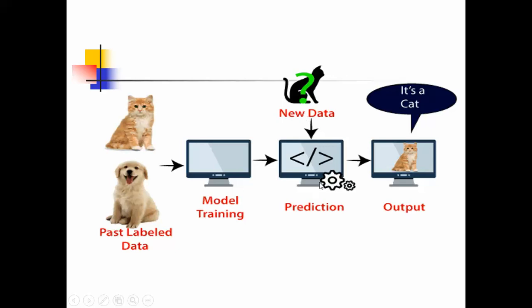That means prediction is nothing but testing my data after model training is completed. If my model correctly predicts it is a cat, then the classification is done in a correct way.